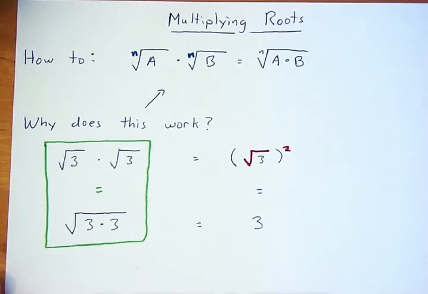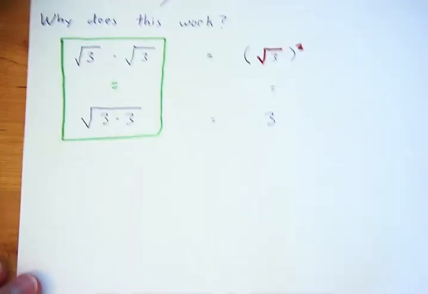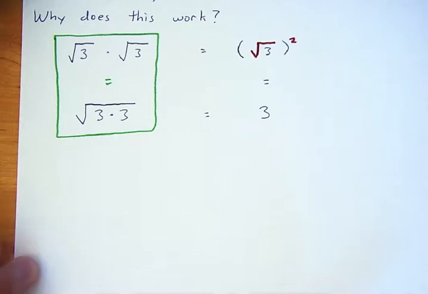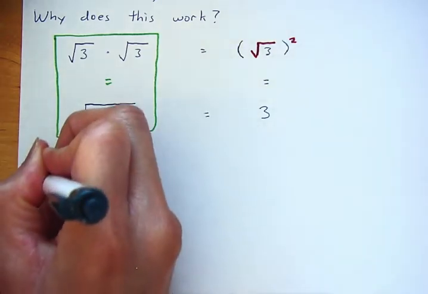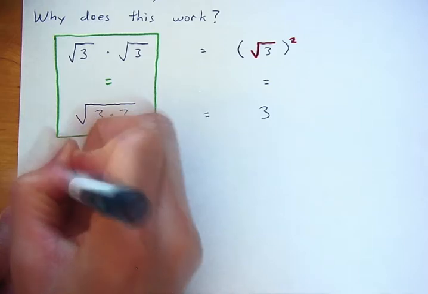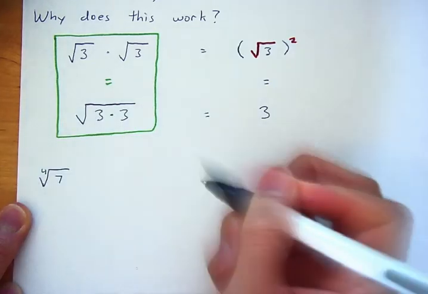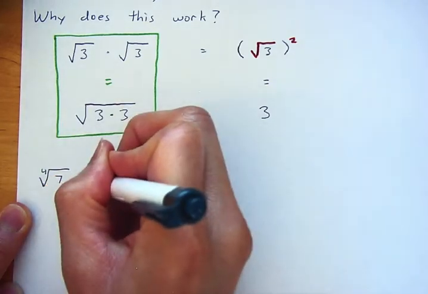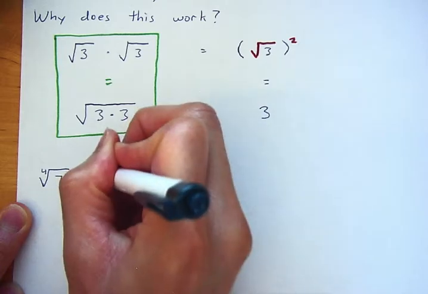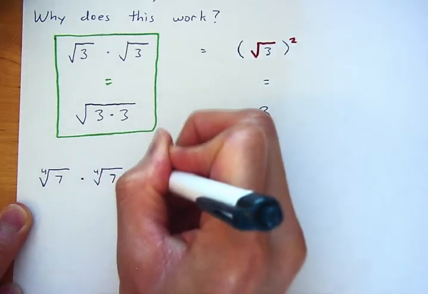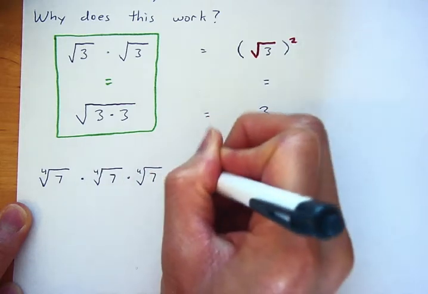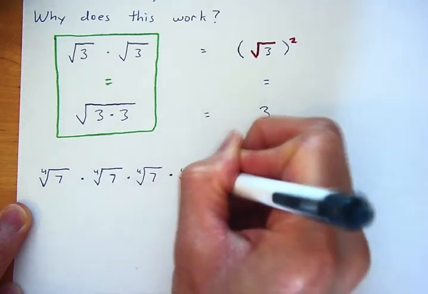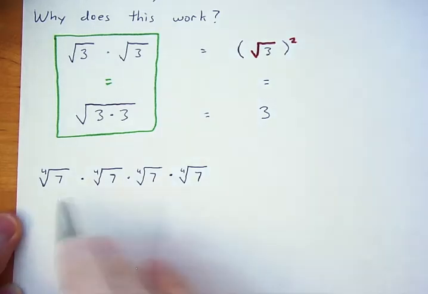Let's do another example with something other than square roots. Let's say that you have the fourth root of 7. And let's say we have that multiplied together 4 times. So fourth root of 7 times the fourth root of 7 times the fourth root of 7, 4 times.